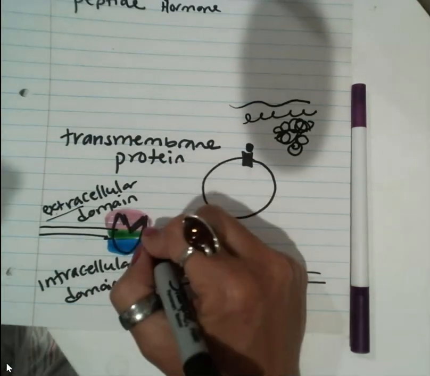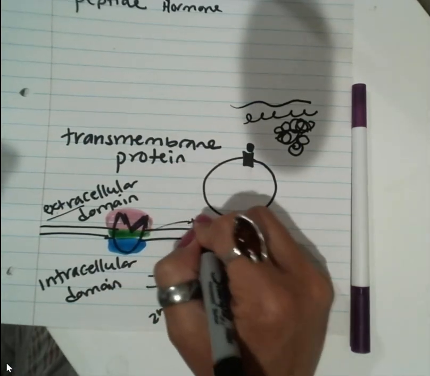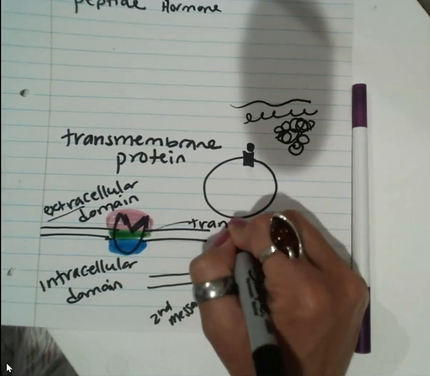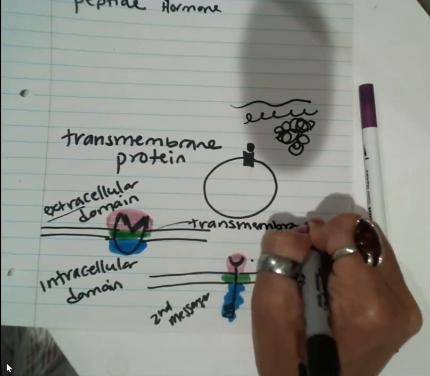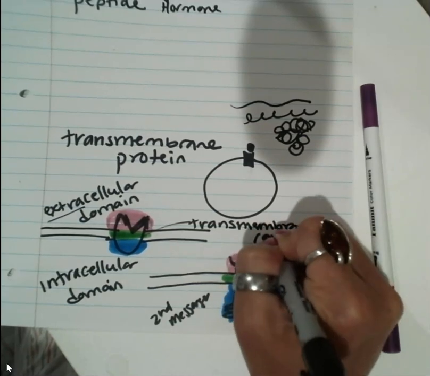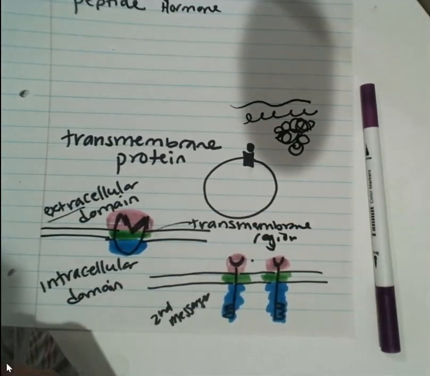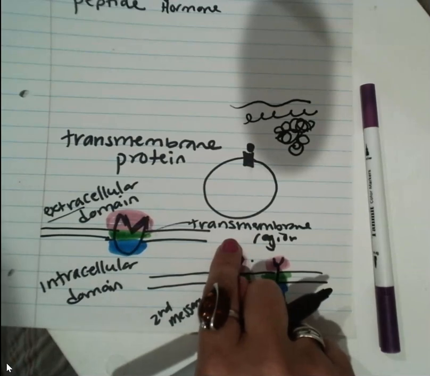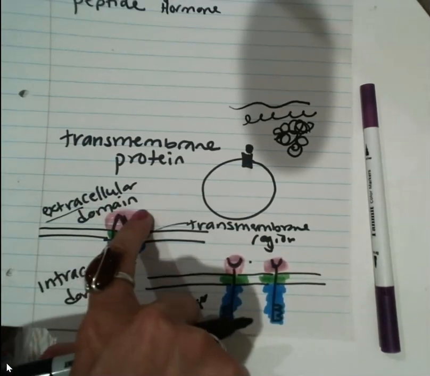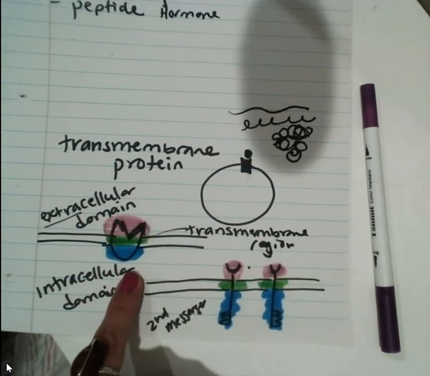So this is called the part that spans the membrane, or the transmembrane region. I think that's what it's called. If I'm wrong on this, I'll let you know, okay? So anyway, here you have your extracellular domain and your intracellular domain.